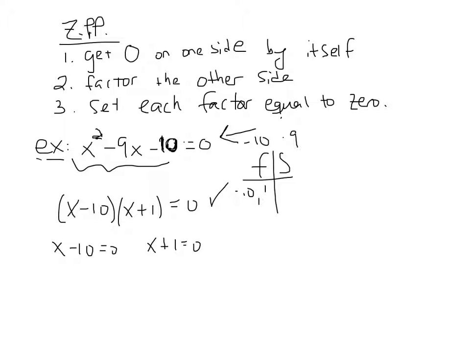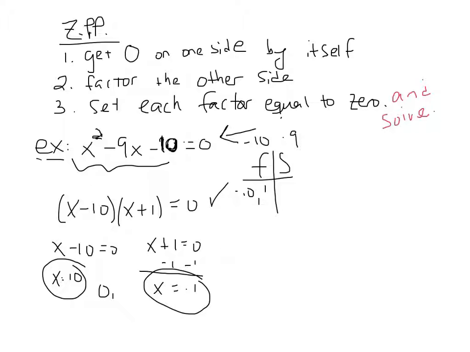And perhaps we should add to our notes up here: set each factor equal to 0 and solve. So we go back to our x minus 10, we add 10 to both sides, and we say x equals 10. We subtract 1 from both sides and say x equals -1. So the solutions to this are 10 or -1.